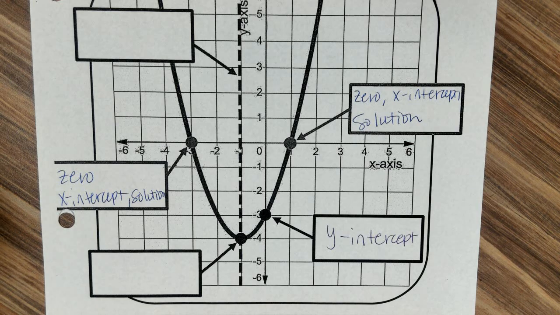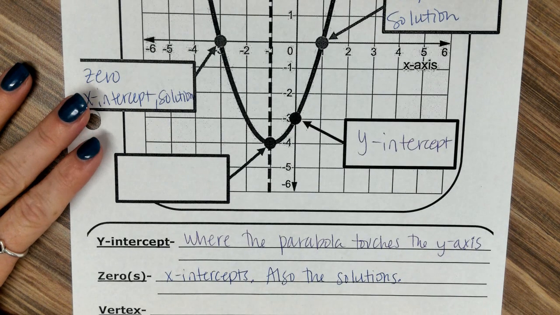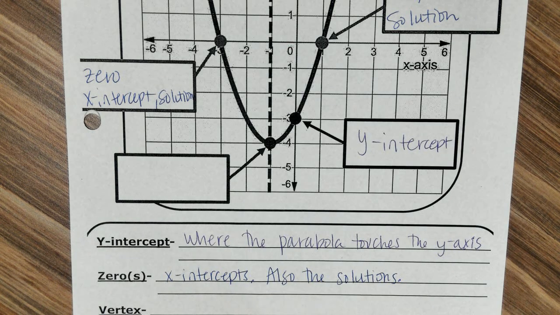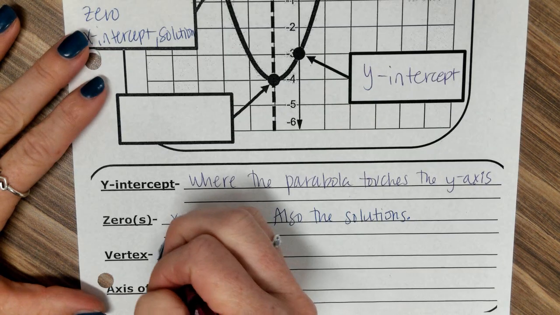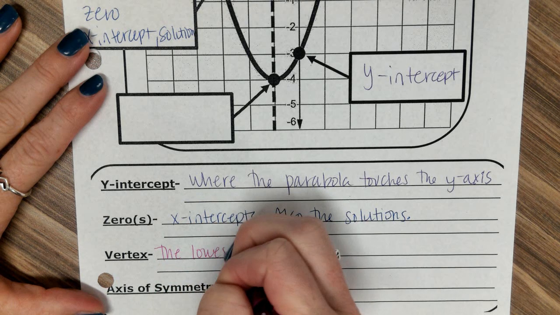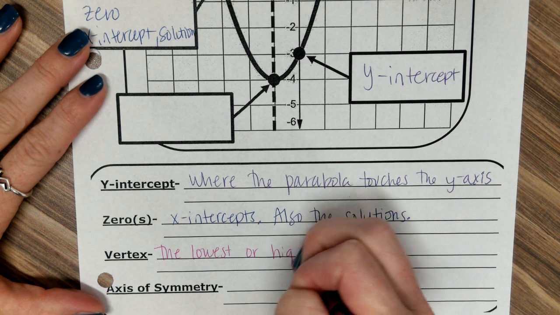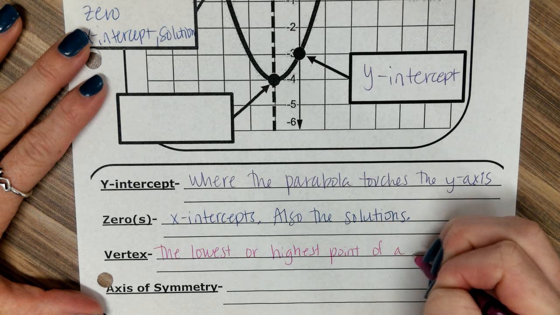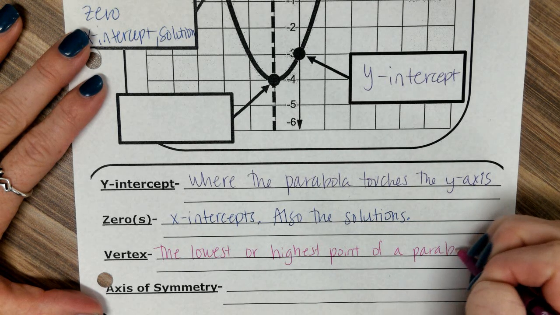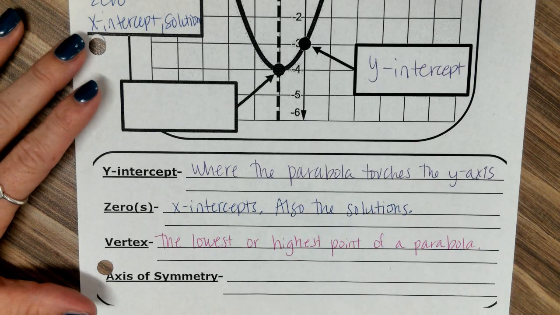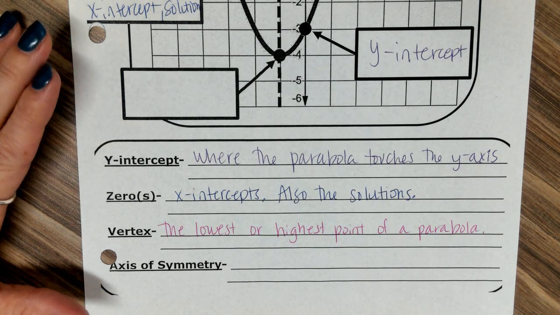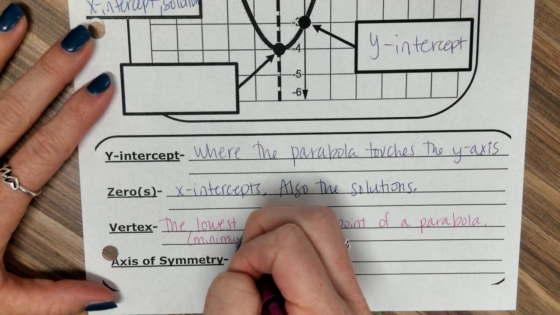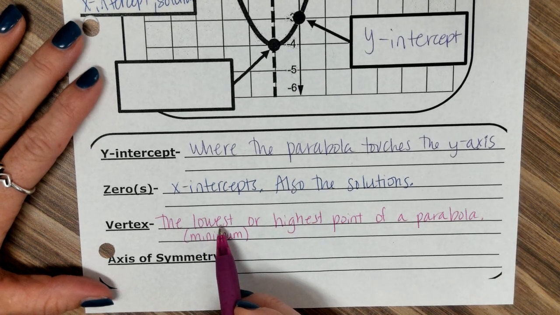Okay, the next definition is called a vertex. The vertex is the lowest or highest point on a parabola. If it's the lowest, we call it a minimum. Notice I put that right below the word lowest.